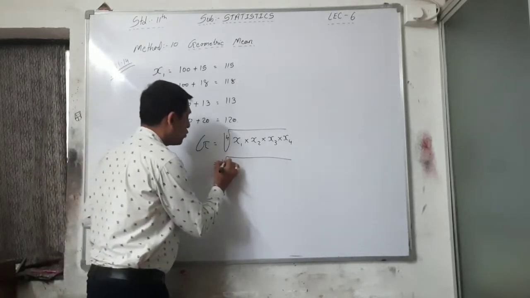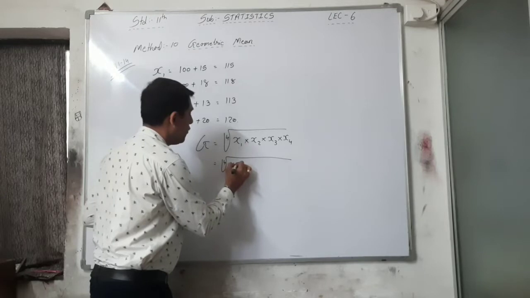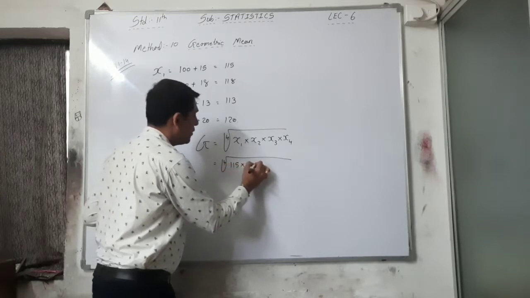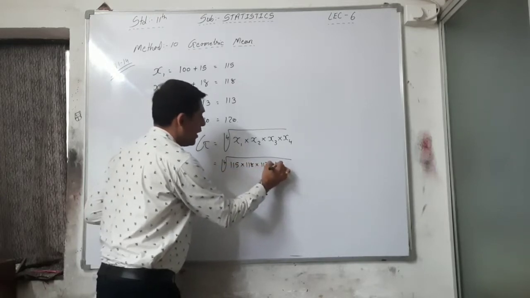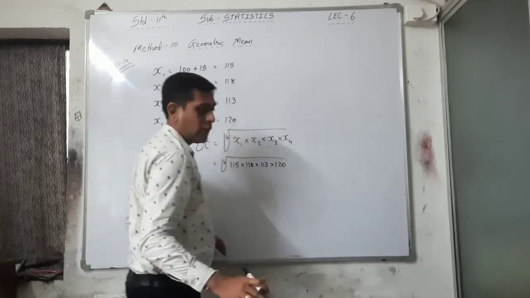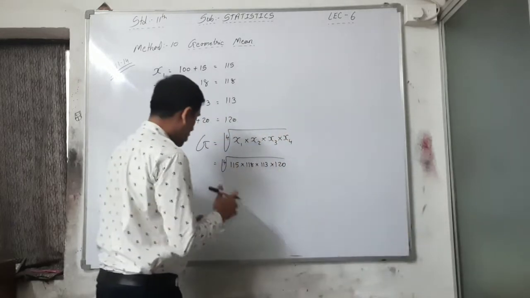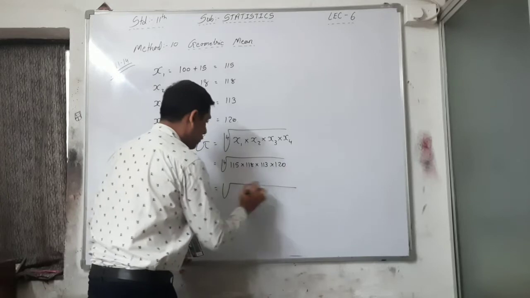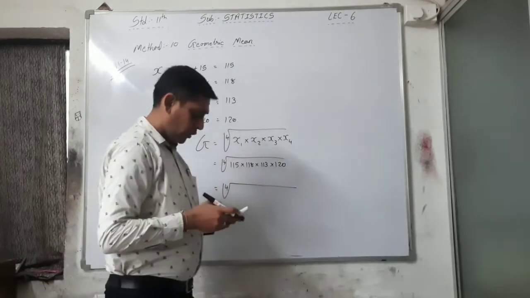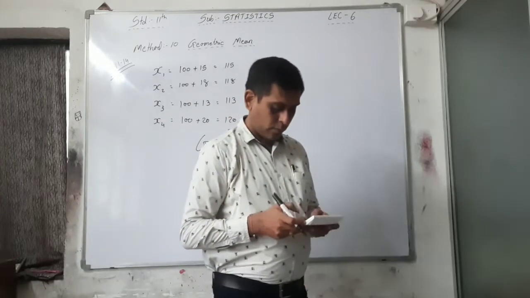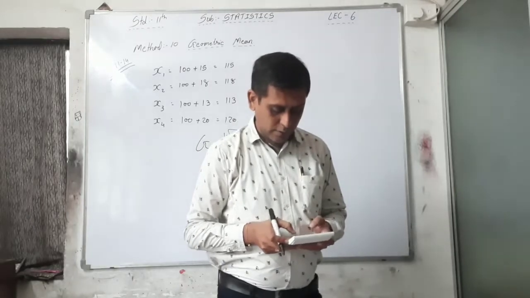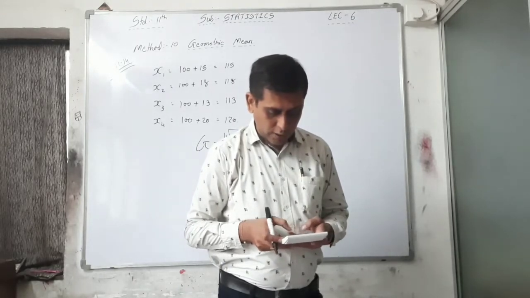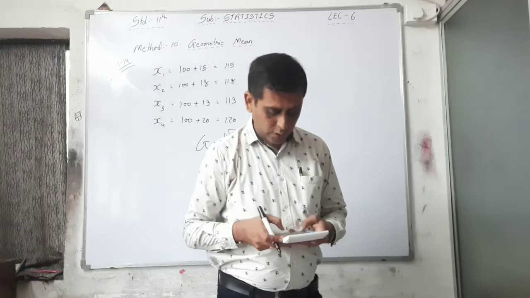Okay, so here 4th root, again 115, 118, 113 and 120. Now multiply these observations first. 4th root as it is, 115 into 118 into 113 into 120.